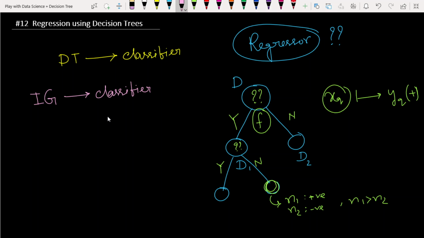But in regressors, instead of information gain, we use the MSE, the mean square error technique, or the MAE, or, in another language, the median absolute deviation. So this thing is called the mean square error.